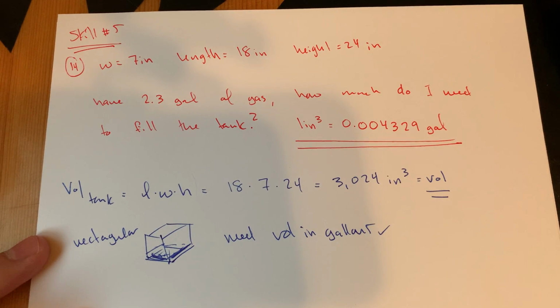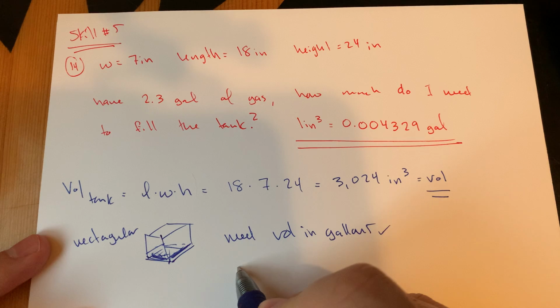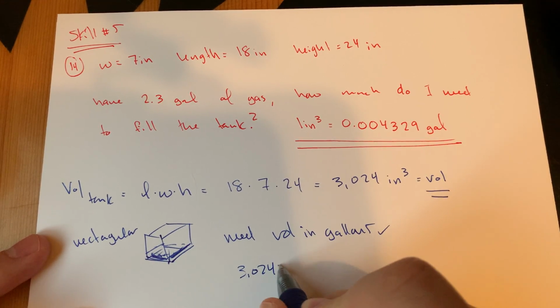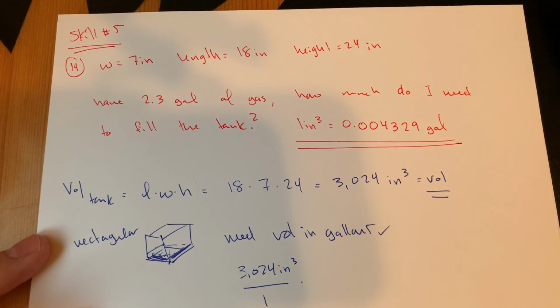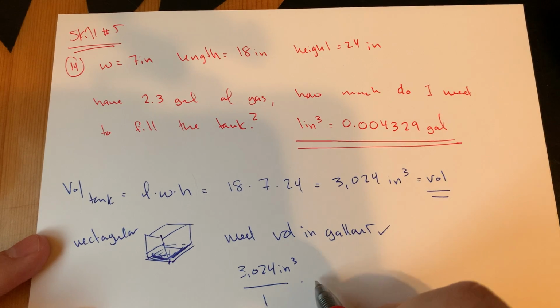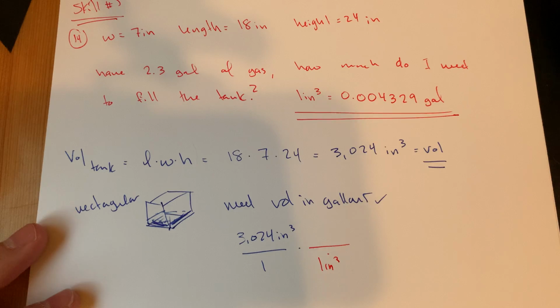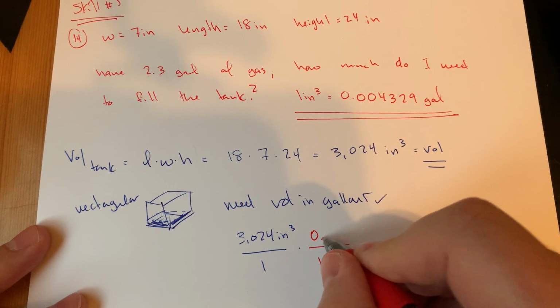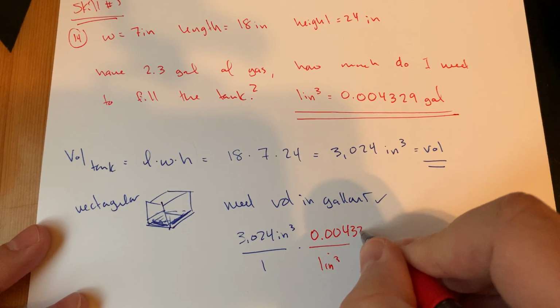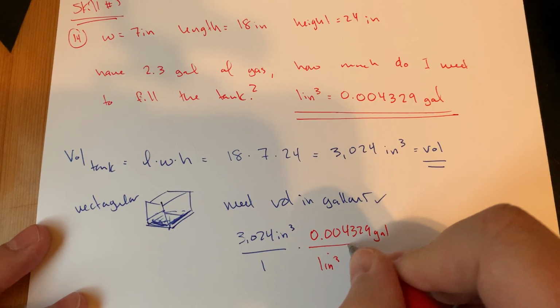So all I'm going to do is take 3,024 cubic inches over 1 times my conversion rate, which is 1 cubic inch for every 0.004329 gallons.